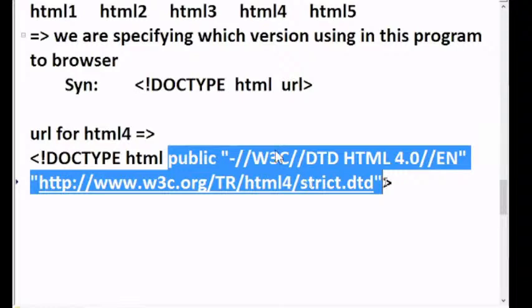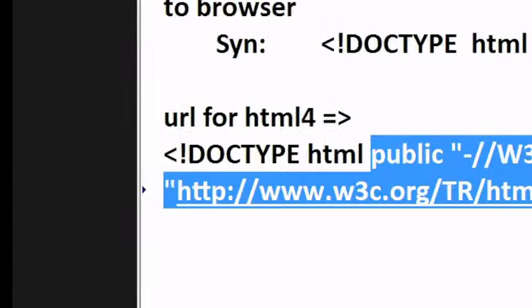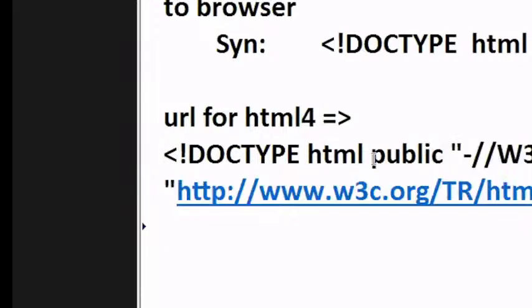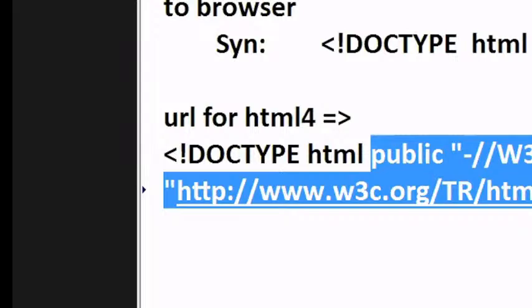Why are you writing a kilometer-long one, sir? We human beings understand HTML4, sir, but systems do not understand simple words. So everything should be written in the programming format. From this P up to this last one, this is called the HTML4 version URL. How can we say it's HTML4, sir? Any idea?